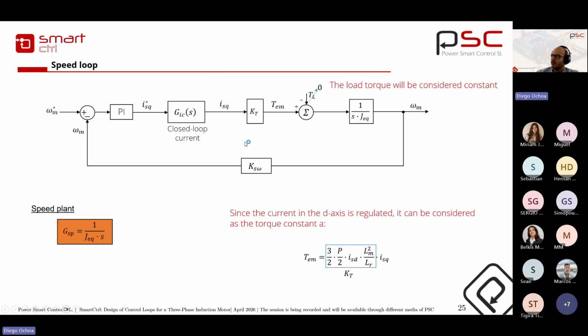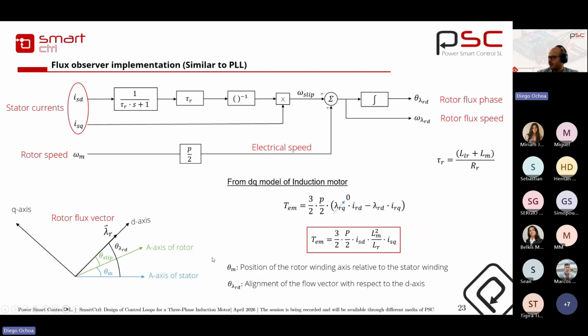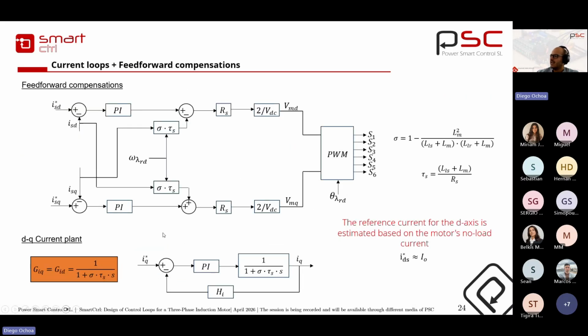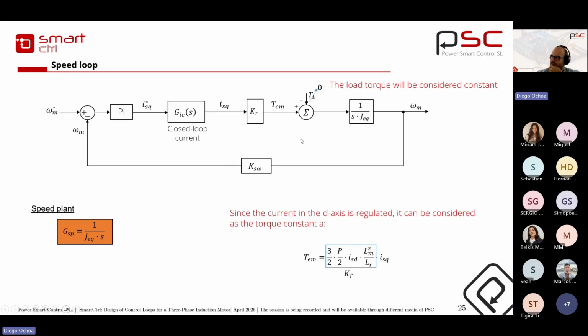For the outer loop, this is the speed loop. Remember that the speed loop is implemented for the Q-axis, as you can see here. In that case, this is the transfer function that we have to contemplate. We have the inertia of the machine, and also in this example, we are considering that the load torque is constant.